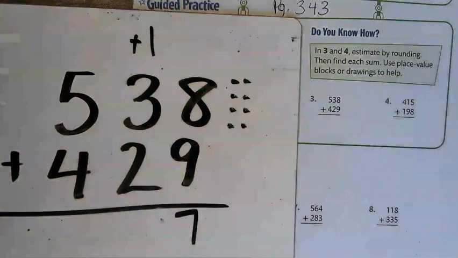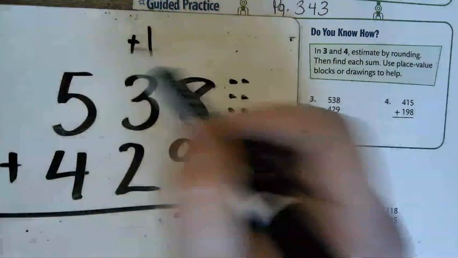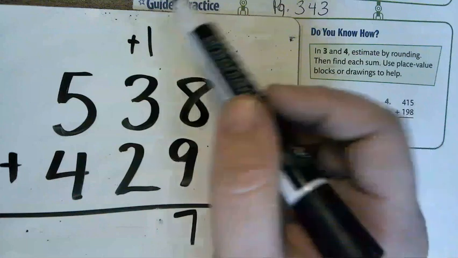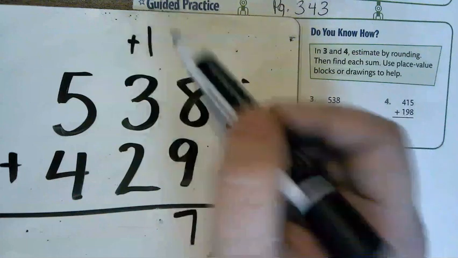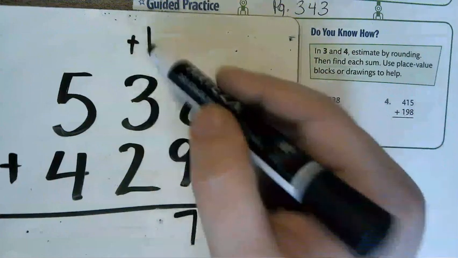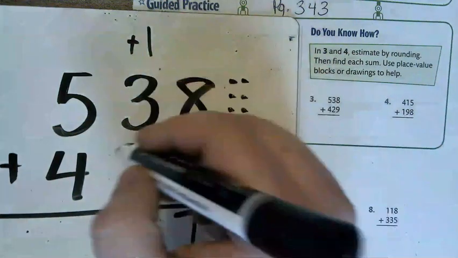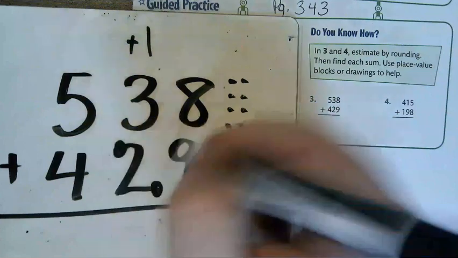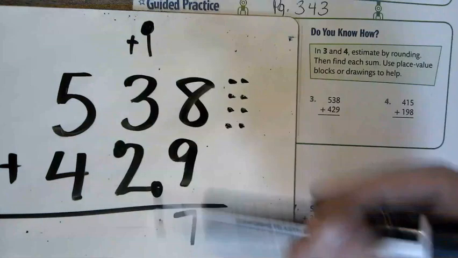Now, here's a big mistake that a lot of students make. I write plus 1 up here so that I always remember I have to also add one more. All right. When I look at 1, 3, and 2, I see that 3 is the largest number. So I'm going to put touch points on all the other ones. And I always do this.